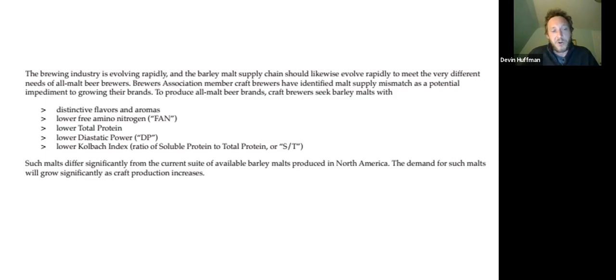And then the lower Kolbach index, so S&T ratio, and that's a measure of soluble and total protein, but we use that to really identify how well modified, how fully modified the barley is as malt.